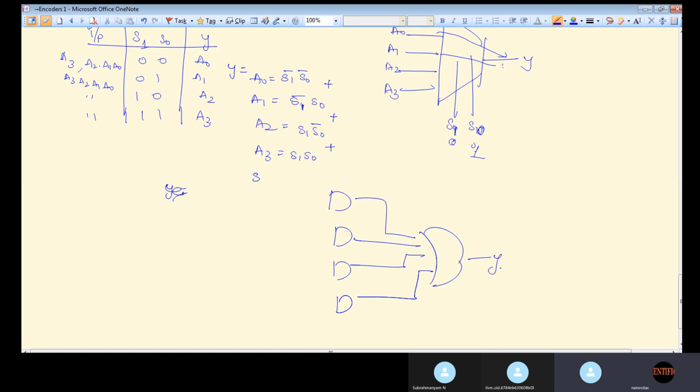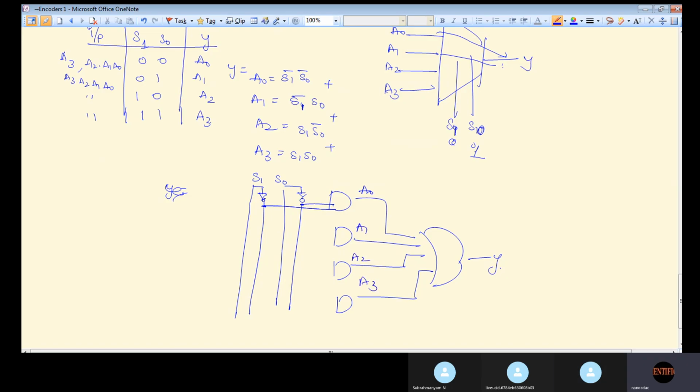Here you put S1 and S0. This is your S0 bar, this is your S0 bar, this is your S1 bar, so S1 bar S0 bar. This is A0, A1, A2, A3.